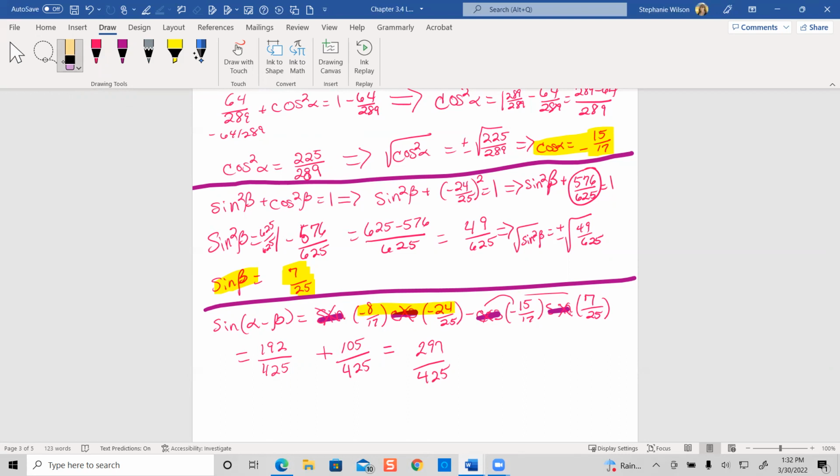And you want to double check to make sure if it reduces, because if you can reduce it, reduce it. It doesn't always reduce. But one way to let you know that this one did not reduce is because this number ended in a 7 and this one ended in a 5. If it ends in a 5 or a 0, they both need to end in a 5 or 0, or it's not going to reduce. So that is my final answer for this one.